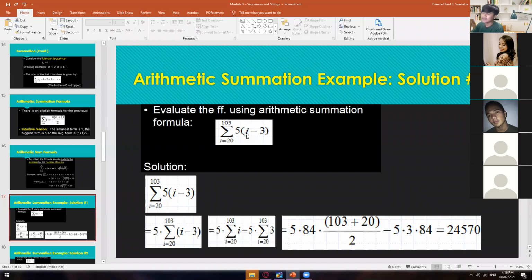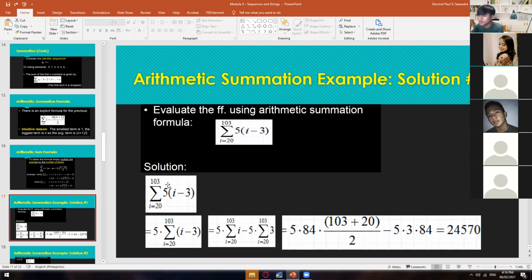This i here is your term. If you're going to start with 20, this is your 20th term, or first term, actually. And then 21 here is your second term, and so on and so forth until you reach 103. Then just keep on adding all of those, and you will get the total summation for this notation.